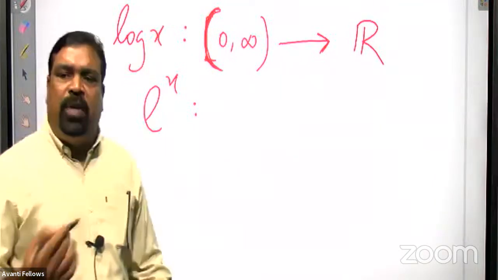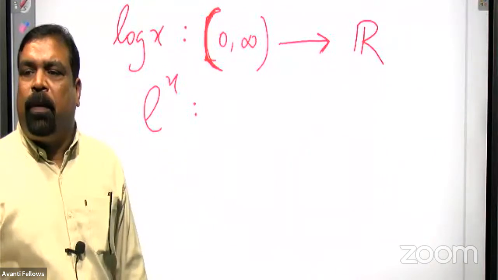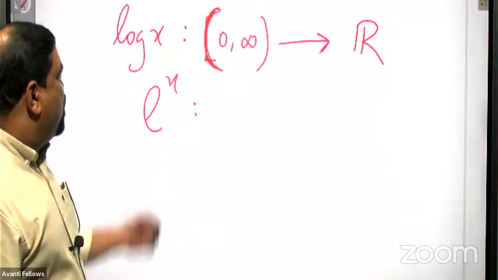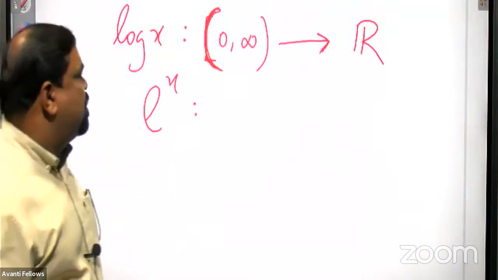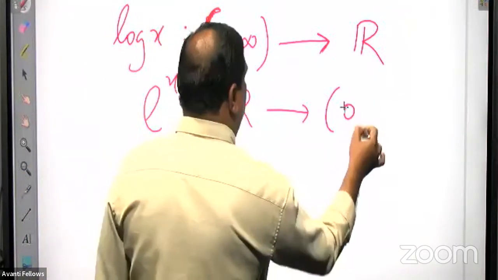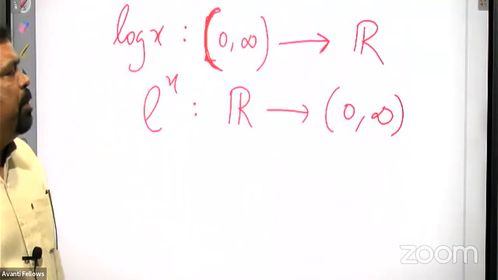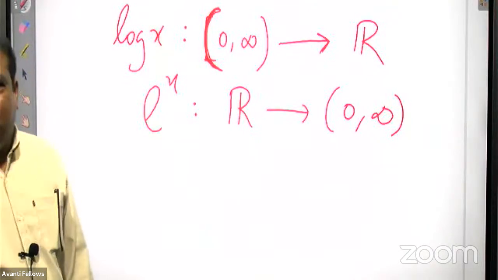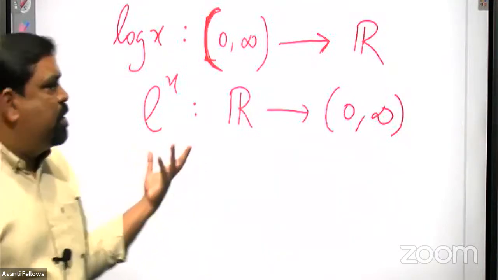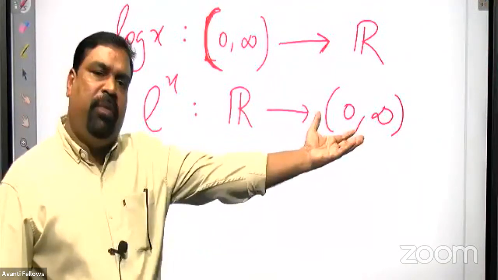Exponential function is the inverse function of the logarithmic function. So naturally, it must be a function from R to 0 to infinity. Okay, please remember the domain and range. So logarithm is defined only for positive real numbers, and the range is all real numbers, and for the exponential function the domain is all real numbers, and the range is positive real numbers.